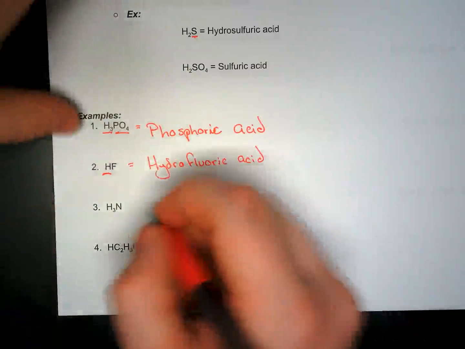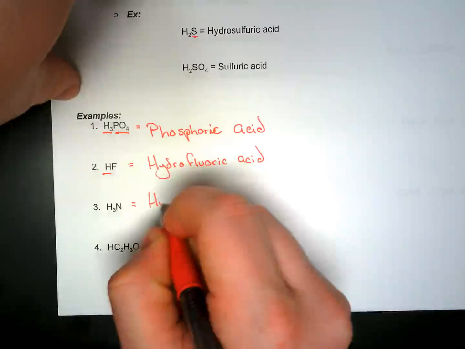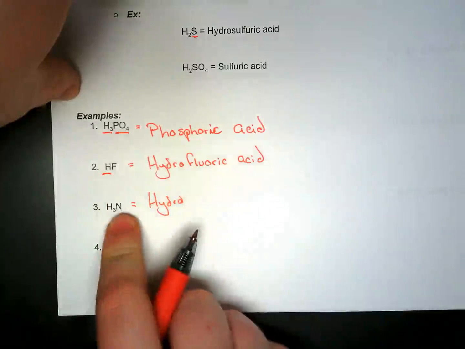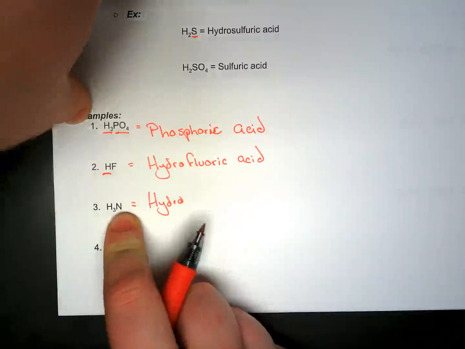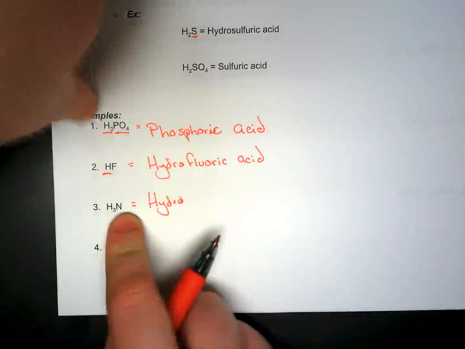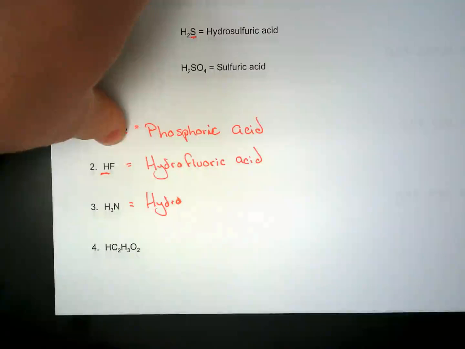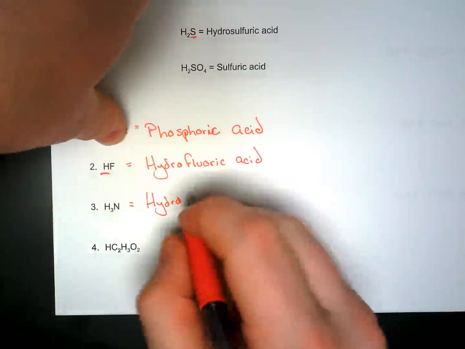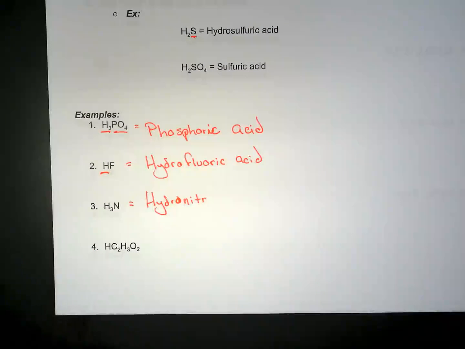Okay. So again, it looks like it's monatomic, so we're going to start off with hydro. And my monatomic here is going to be nitrogen. Because it's nitrogen, I'm going to start writing out nitrogen. And again, I can't stress this enough, try to sound this out.